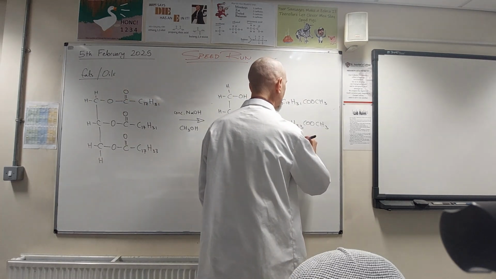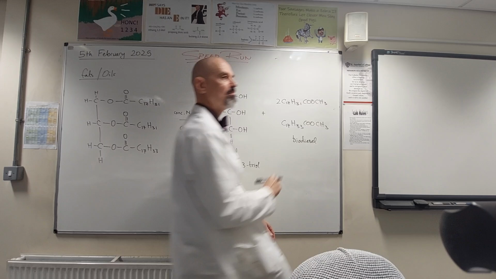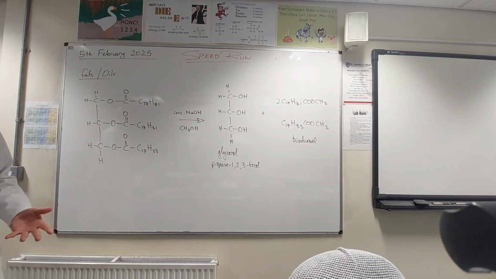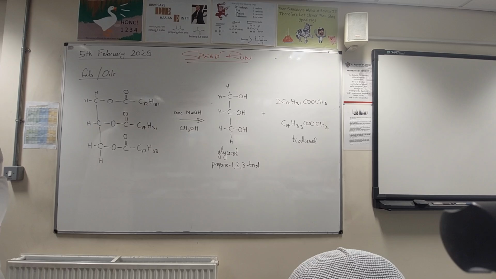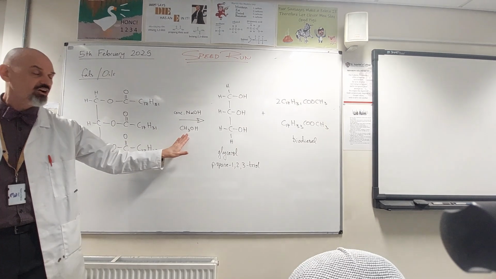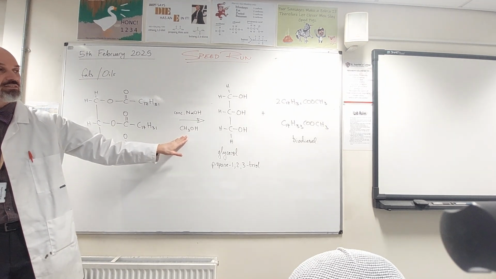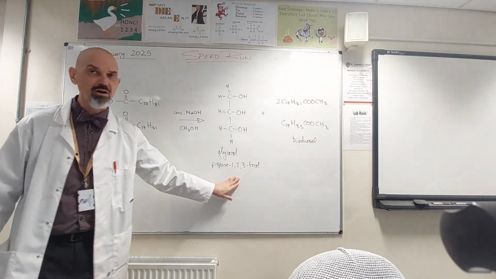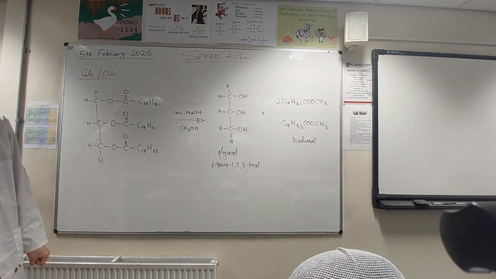Try not to get those two mixed up. They are commonly mixed up, the biodiesel and the soap, that is. So the only difference is I add methanol for biodiesel. I make the methyl ester for biodiesel. But in both cases, we make the glycerol.